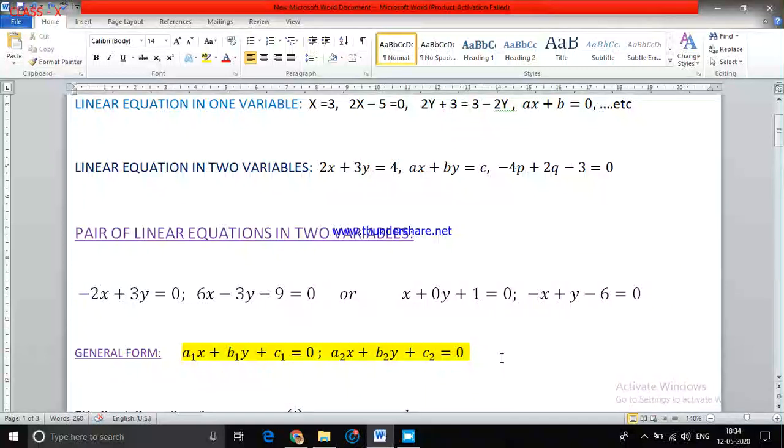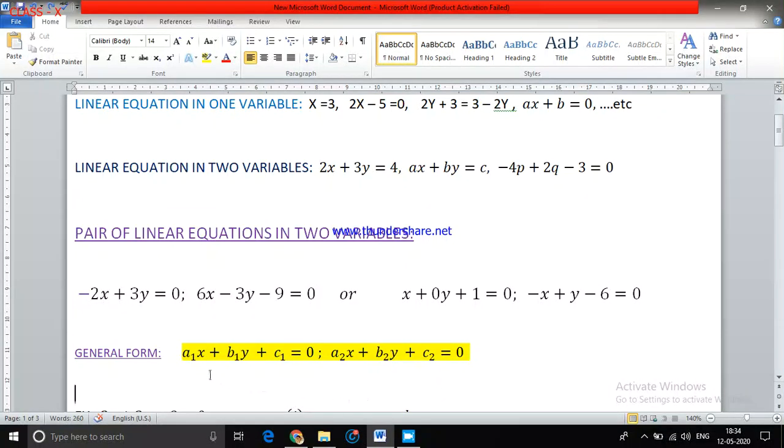A few things you have to remember when I talk about the general equation. a1 is the coefficient of x, b1 is the coefficient of y, and c1 is the constant term. a2 is the coefficient of x in the second equation, b2 is the coefficient of y in the second equation, and c2 is the constant of the second equation.